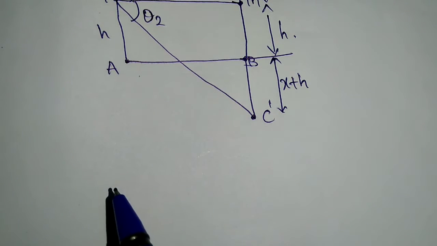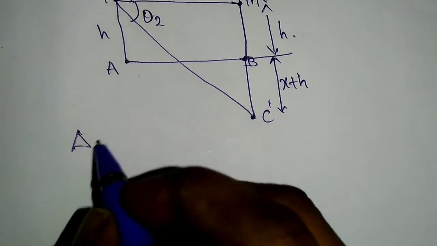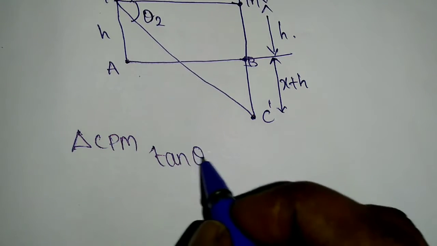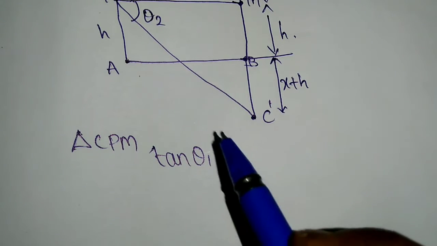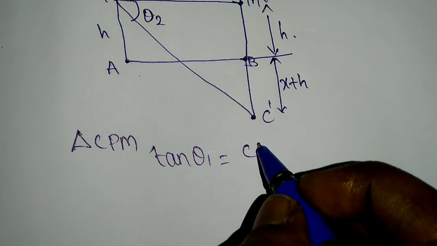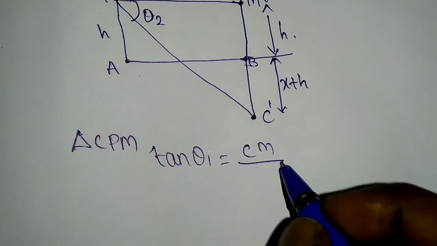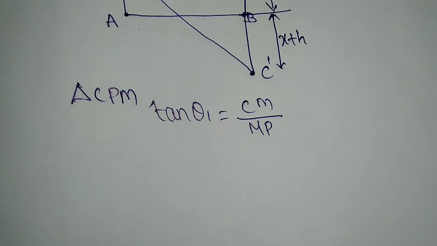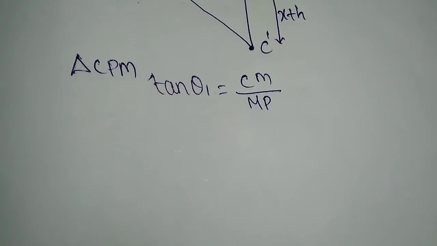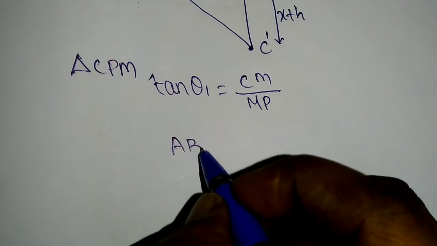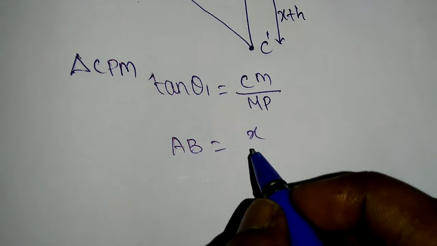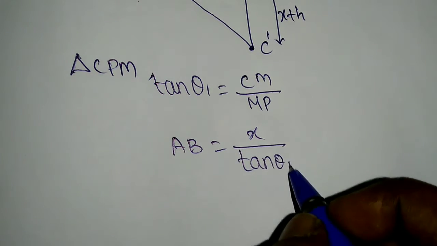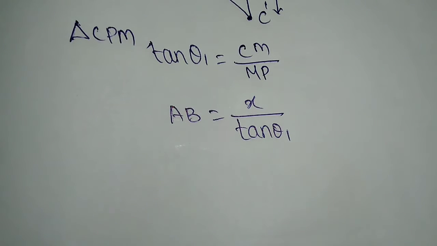From the triangle CPM, here we get tan theta 1 is equal to CM divided by MP. Here MP is equal to AB. So AB is equal to, here CM is X, so AB is equal to X divided by tan theta 1.